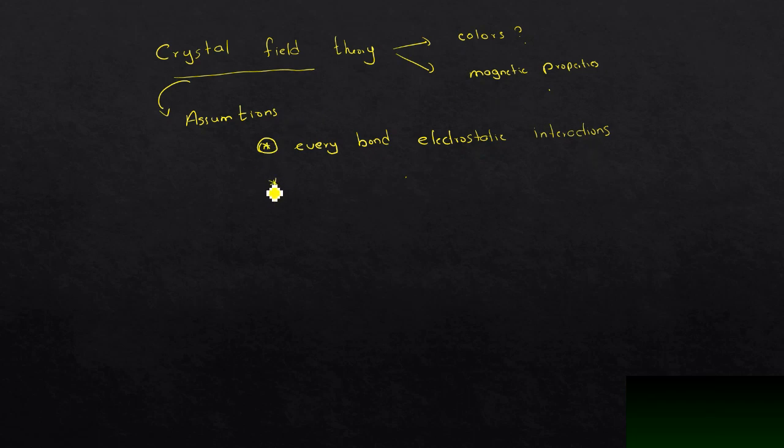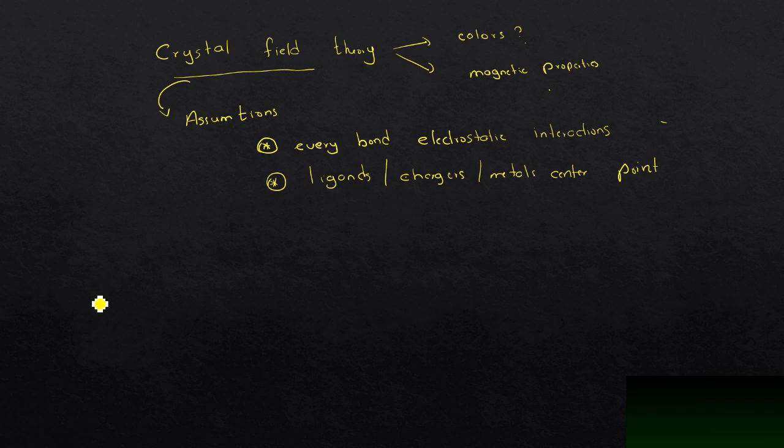Secondly, we consider the ligands, charges, and the metal center, everything, as points. They do not take any volume in space. They are just points. That's our assumption. So you need a basic idea of these two assumptions, and then let's move in.